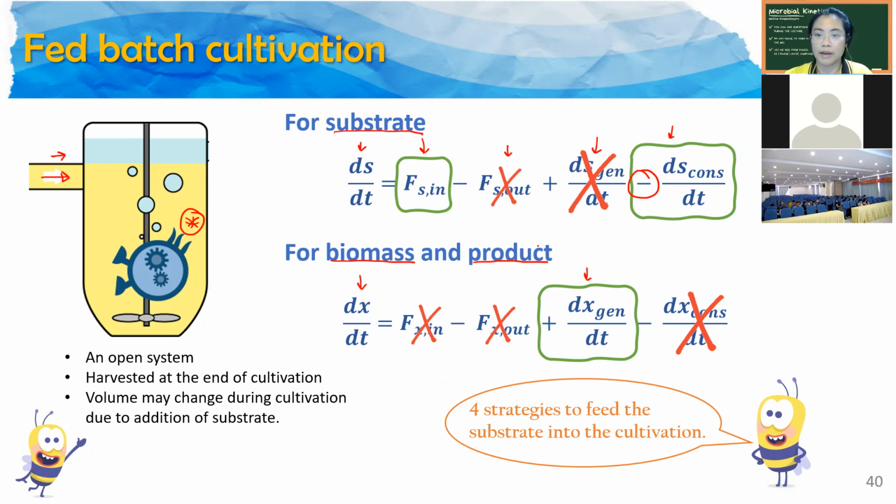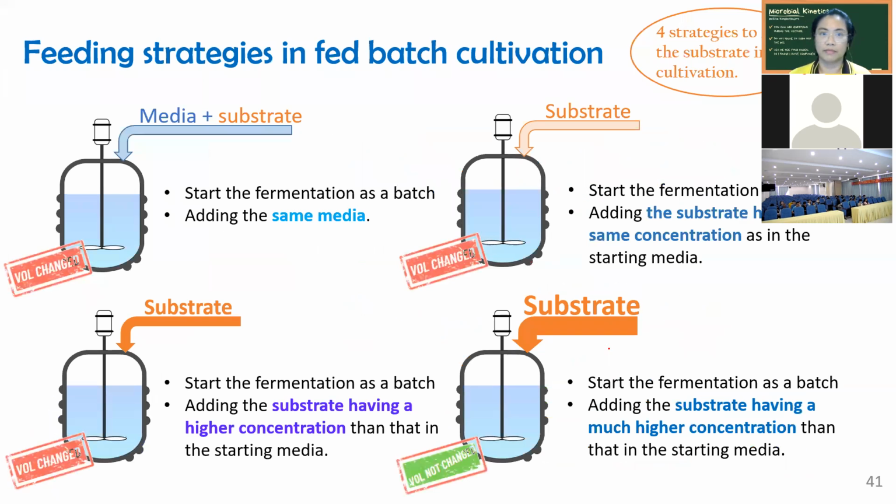So the biomass is only generated here, and similar things happen to the product. For the fed batch cultivation, there are 4 strategies that we use to feed things into the fermenter.